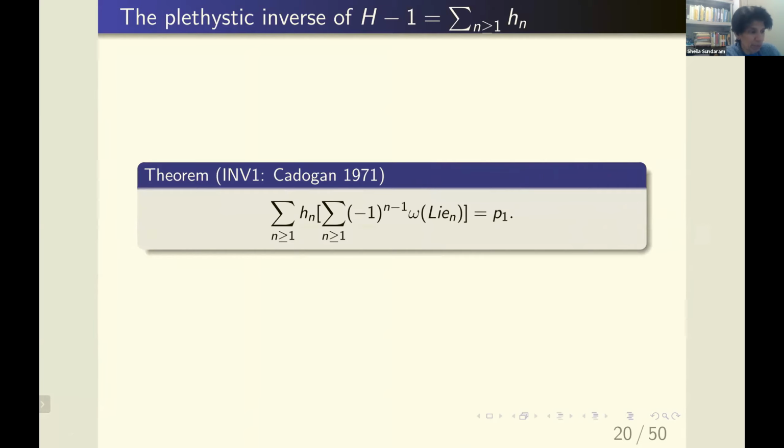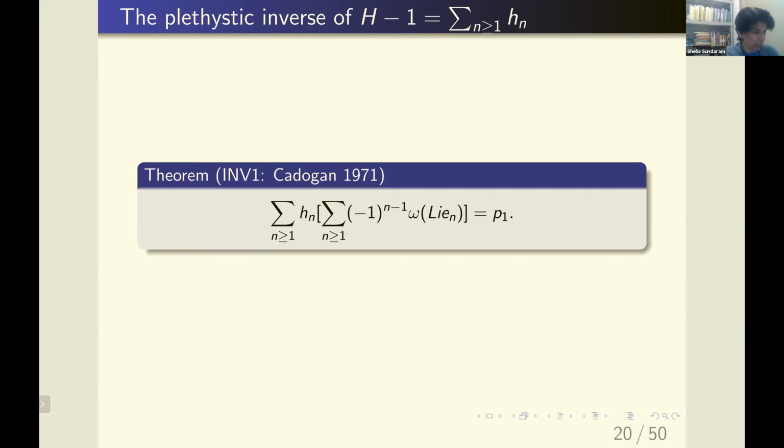The plethystic inverse of H minus 1. So remember, I have to take away that constant term in order to get a plethystic inverse. So it turns out that the plethystic inverse is the alternating sum of omega of Lie_n. So in terms of Sn characters, this is Lie_n tensored with the sign.